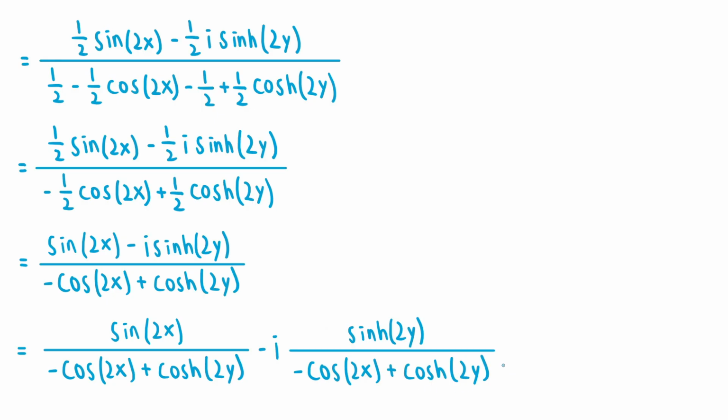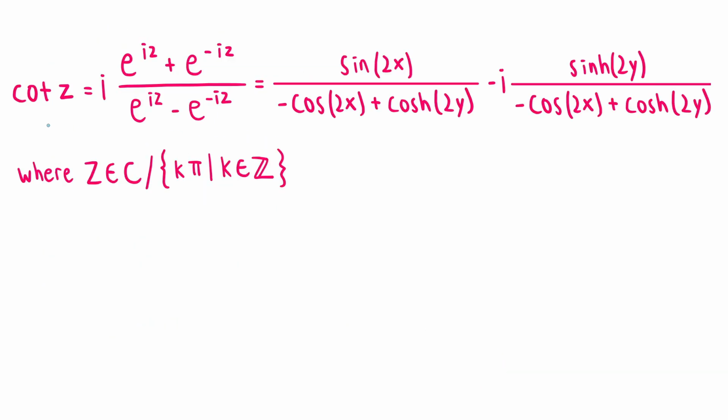So this is the definition of cotangent of z in terms of its real and imaginary parts. So the definition of cotangent of z in terms of its real and imaginary parts is cotangent of z equals sine of 2x over negative cosine 2x plus cosh of 2y, minus i times sinh of 2y over negative cosine 2x plus cosh of 2y.